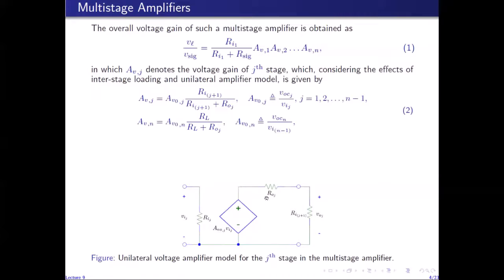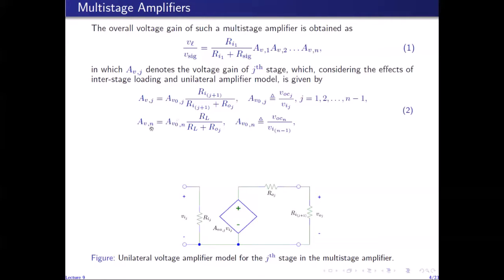By applying the voltage division rule on the output loop, we can see that V naught J is equal to this voltage times Rij plus 1 over Rij plus 1 plus R naught J. So we get this factor here, and this factor times this voltage is equal to V naught J. Then we divide V naught J with Vij, and we are left with A V naught J. So V naught J over Vij is the gain A Vj, and hence it is given by this expression.